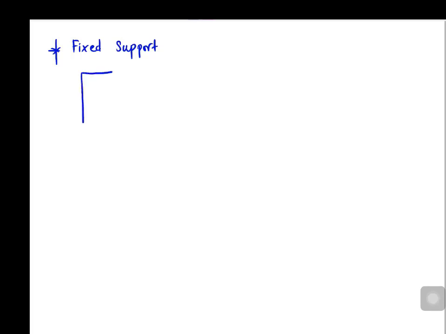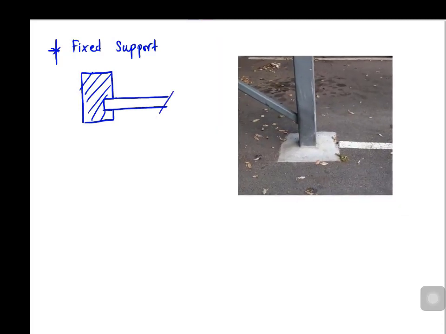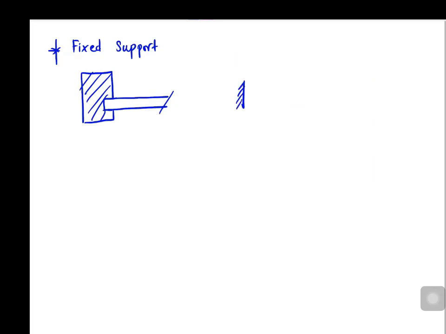At a fixed support, the beam end is not free to translate or rotate. Hence, there are three reactions: a force in the x direction, a force in the y direction, and the bending moment about the z-axis.